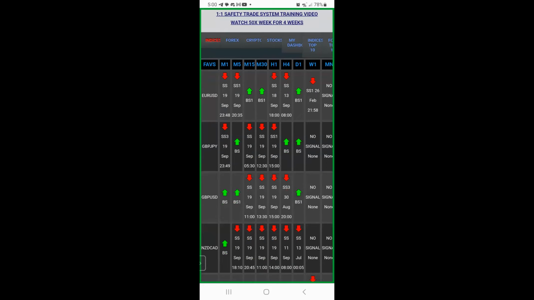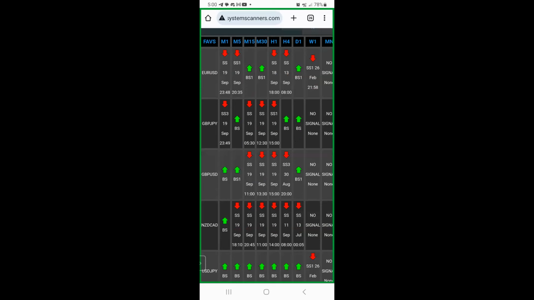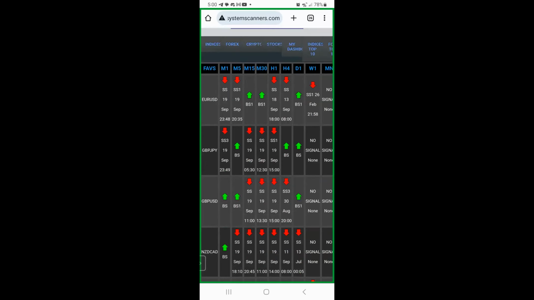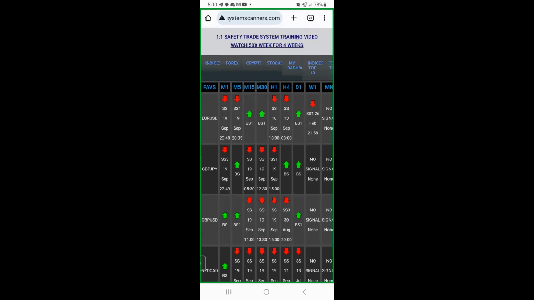So if you have a time issue, you're going to love the scanner because it will beep you every time there is a setup for a buy or a sell trade on one of all of these hundreds of asset combinations. Okay, from crypto to stocks to indices to forex, everything that's moving, that's tradable with a high probability of winning, the scanner is going to beep you on it.